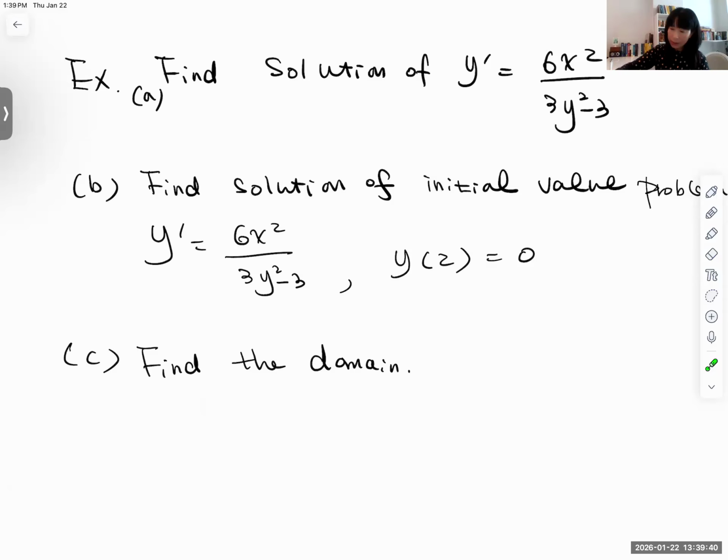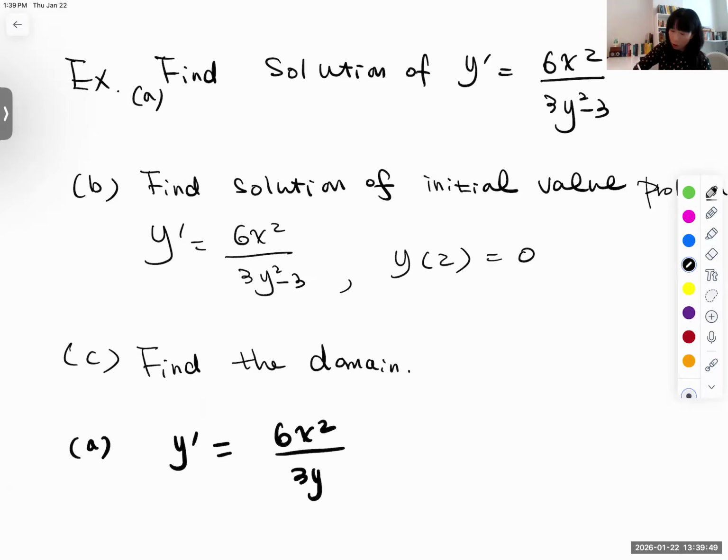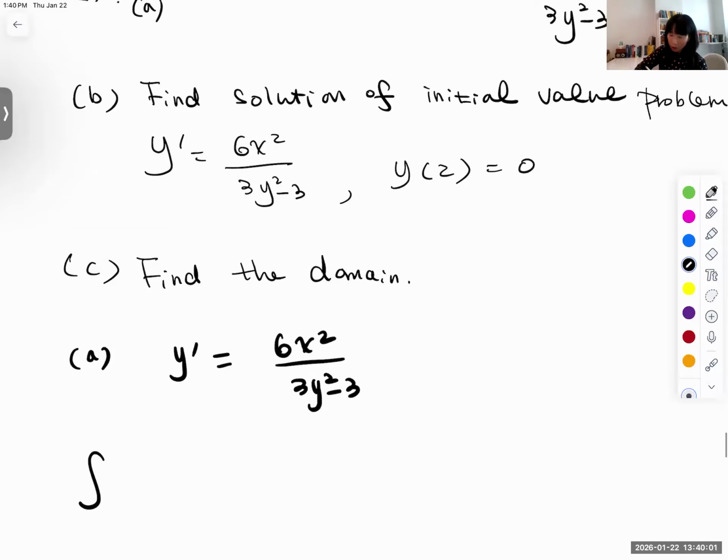Let us do this. Y prime equal to 6x squared over 3y squared minus 3, right? Okay, nice questions, right? So we can do just one step everything, right? All right, so antiderivative, integrate 3y squared minus 3 dy equal to integral of 6x squared dx.